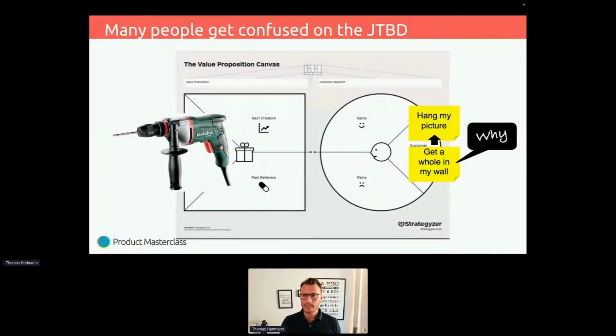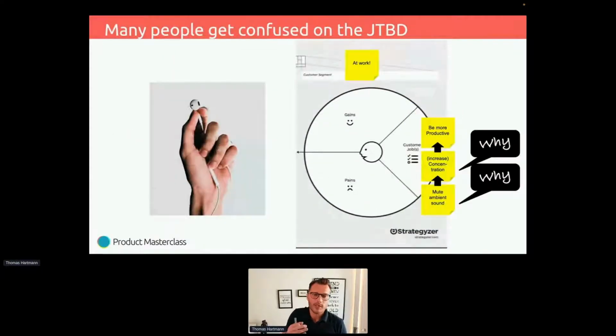Here's another example, which we did for music and for local radios, right? Where we asked people, okay, in which situation do you listen to music? People said, at work. And I asked, but why do you listen to music at work? It seems contradictive, I thought, that at work you want to have silence, right?